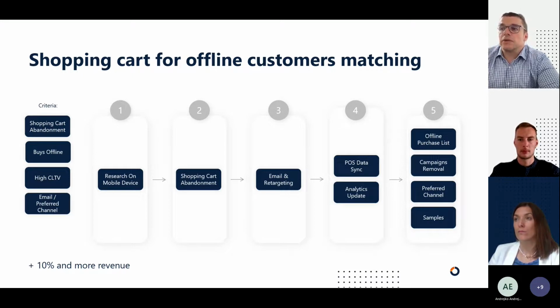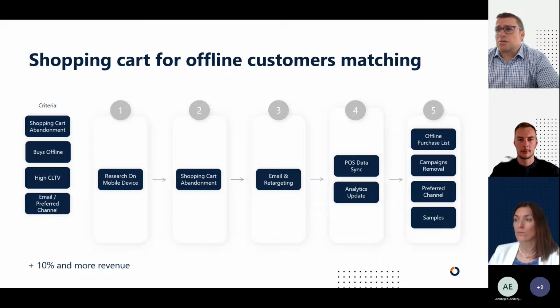They might even love to get some samples, and they are more affected by the samples. Overall, this scenario can sometimes improve results by 10%, but sometimes even more.